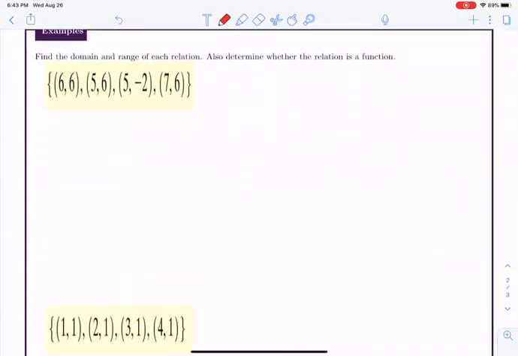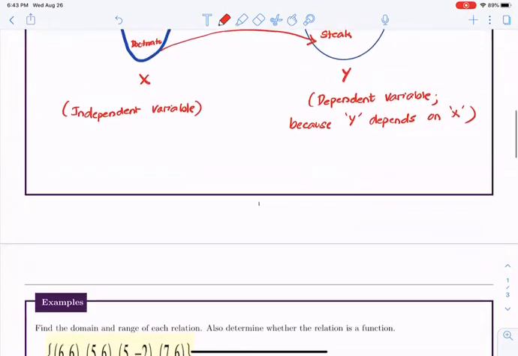So here I have a bunch of points, and I'm going to throw in this important word, which is a function. So every function is a relation. Let me write that here.